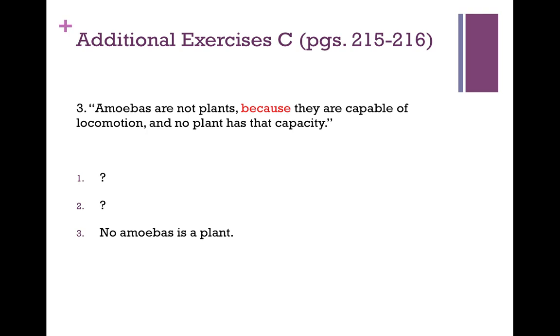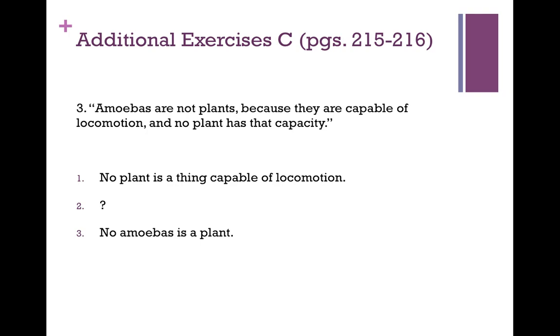Now what we have to do is figure out what the major premise is, and the major term is plant. So let's look back up here and see if we see the word plant occurring where amoebas are not plants. Well, we've already used that because they are capable of locomotion, and no plant has that capacity. So that is going to be our first premise, our major premise.